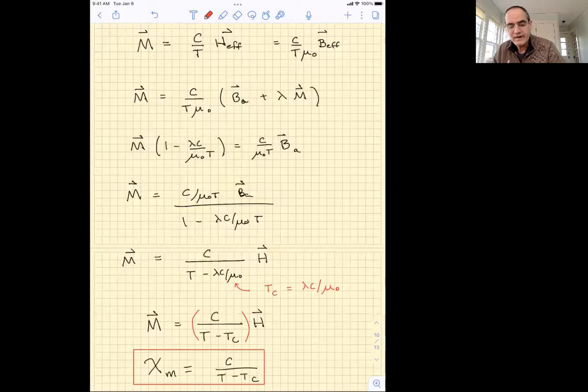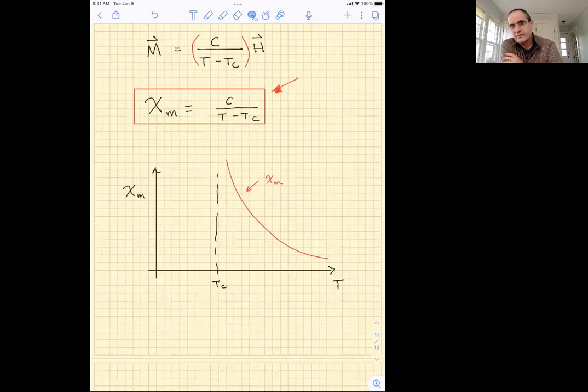So, for ferromagnets above the transition temperature, the susceptibility is given by this formula. Instead of C over T, that was the old rule for real paramagnets, for ferromagnets above the transition temperature, we get C over T minus Tc.